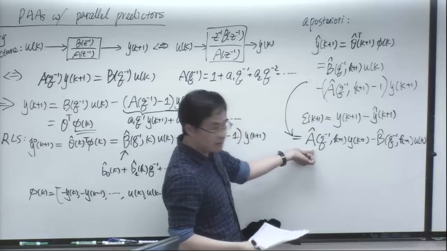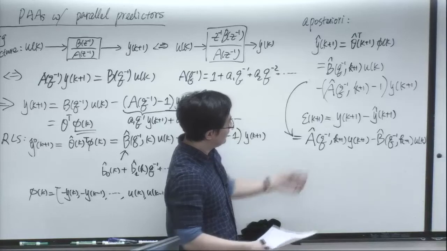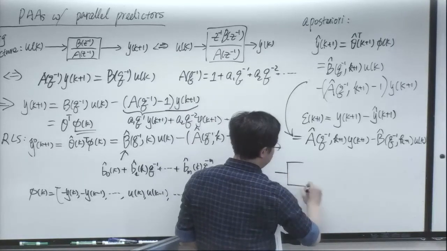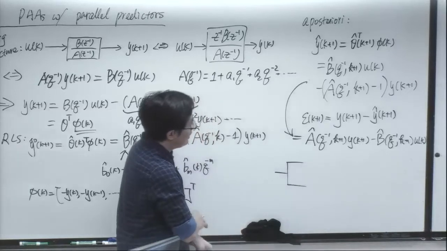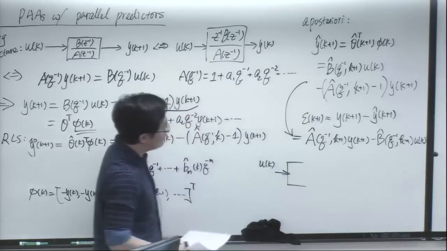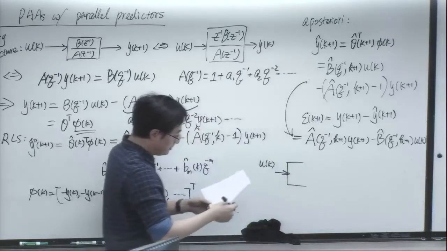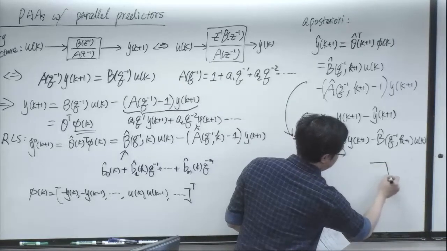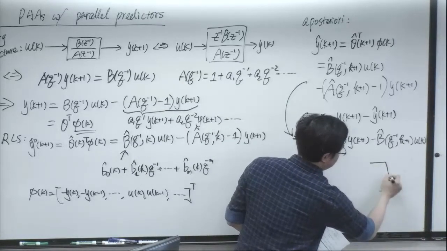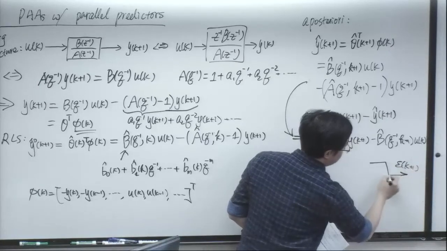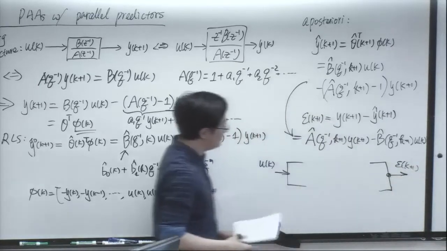This is quite a clean form, and we can put it into a block diagram like this. Input u goes into a block diagram, and I want to figure out how, in the end, the a posteriori error is going to be formed.